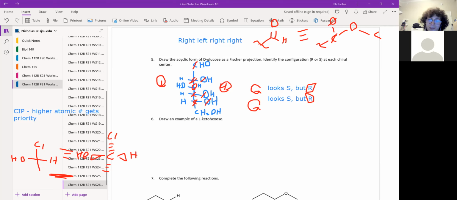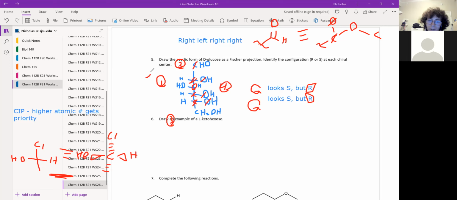So you have one oxygen crossed out, that's in common. But then you still have this oxygen. Because you have one more oxygen, that gets a higher priority because of a higher atomic number than the carbon down here. So that means the top is 2 and the bottom is 3.